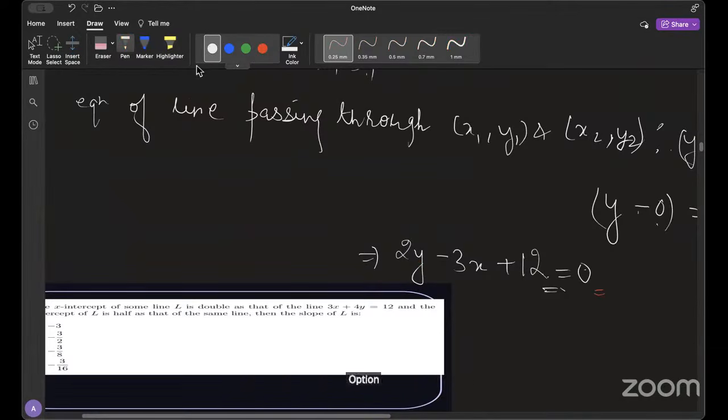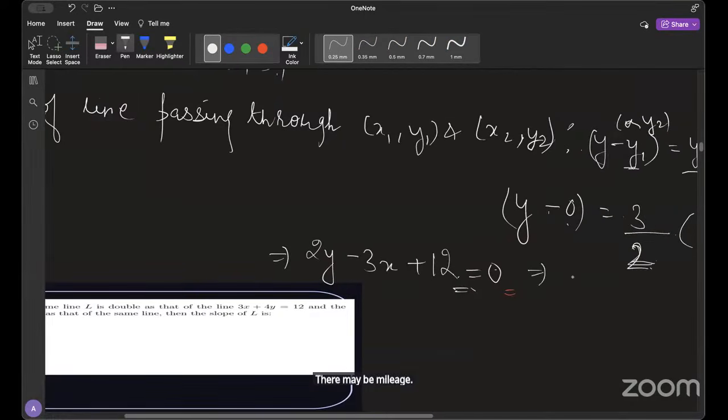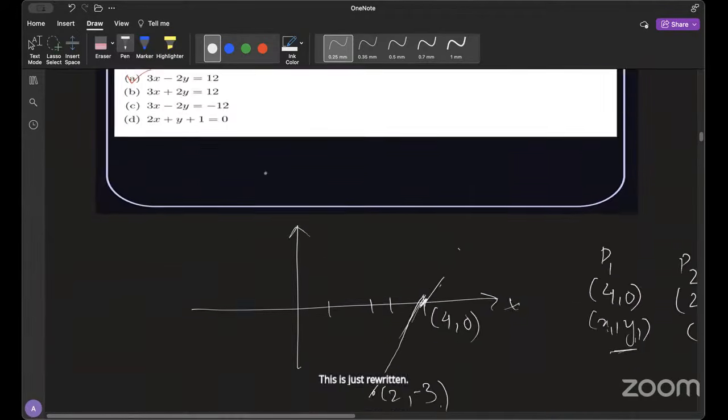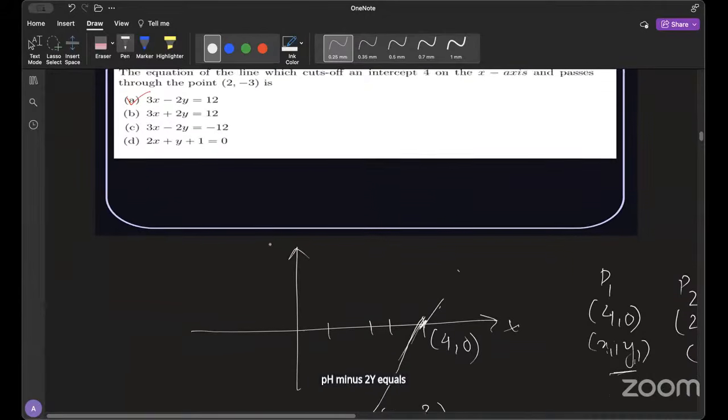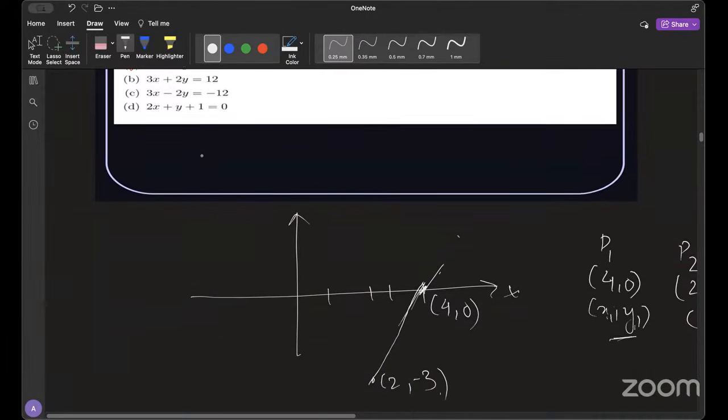Sorry, what? If you rewrite this thing, you will have 3x minus 2y equals 12. This is just rewritten. Is this okay?